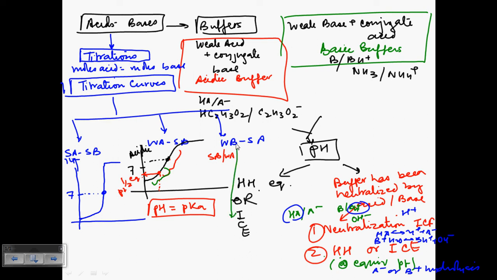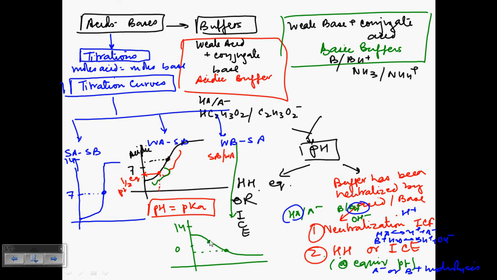Now I'm going to draw weak base and strong acid. So obviously you'll start in the basic region. Because it's a weak base, the initial pH will not be very high, and then it gently changes around the endpoint in the basic region. Why is the endpoint in the basic region? Because it's anion hydrolysis that's determining the pH, while in weak acid it was the anion hydrolysis, and in weak base, strong acid titration it is cation hydrolysis.